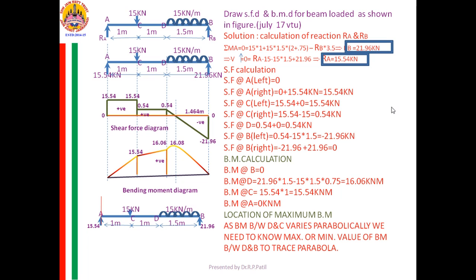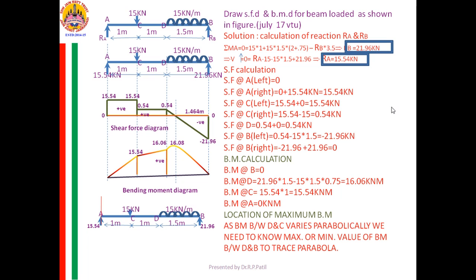When the value of M will be maximum, consider y is a function of x. For what value of x will y be maximum? For that, we need to study maxima or minima. If y is a function of x, for y to be maximum, dy by dx must be equal to 0.